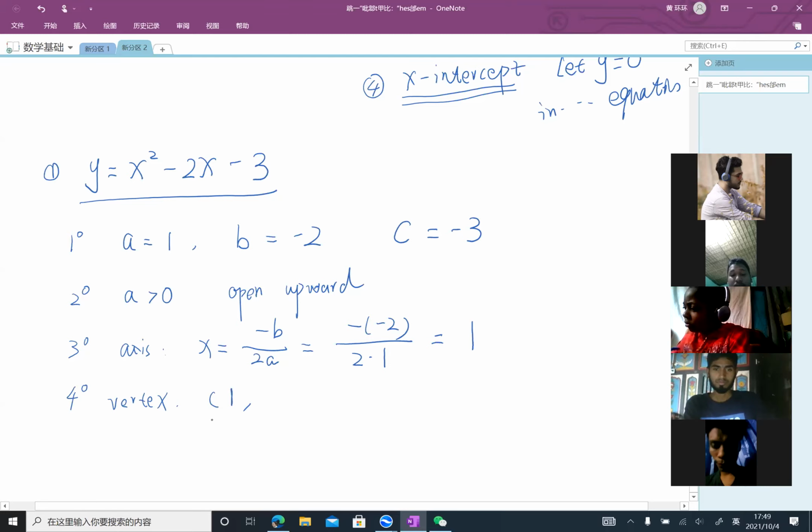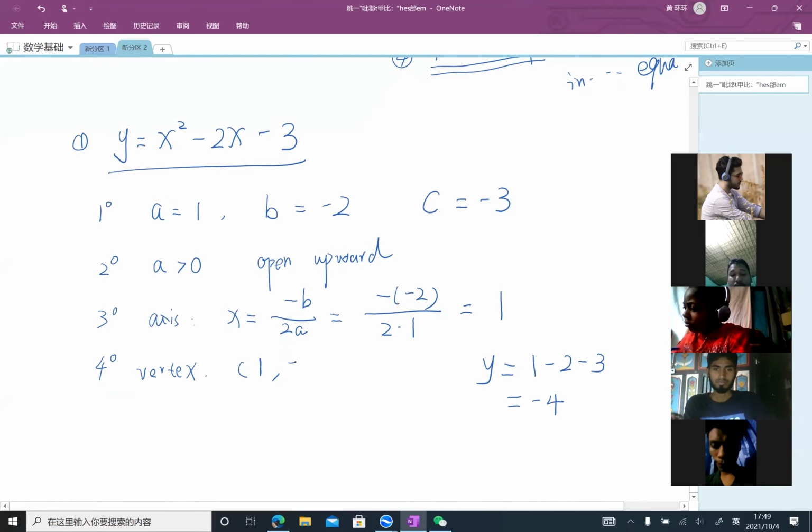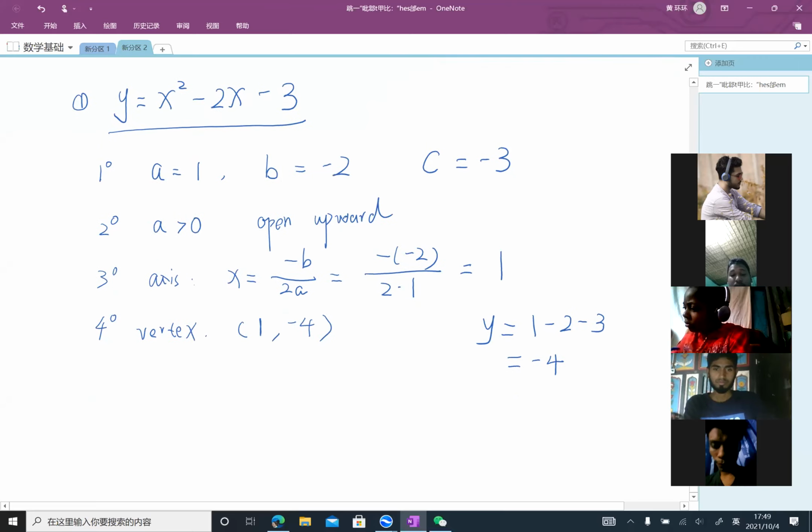The y coordinate: when x is equal to 1, y is equal to 1 minus 2 minus 3, which is minus 4. So the vertex for this parabola is (1, -4).